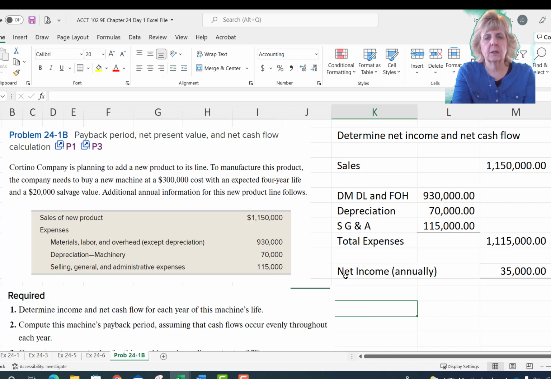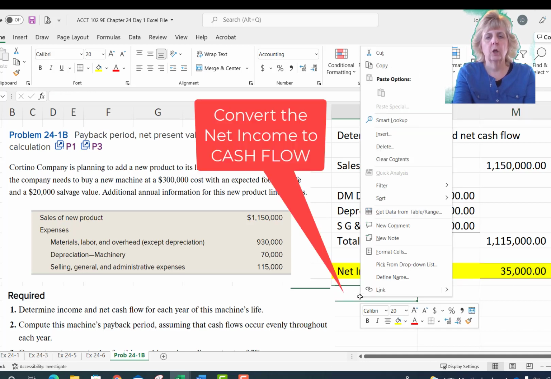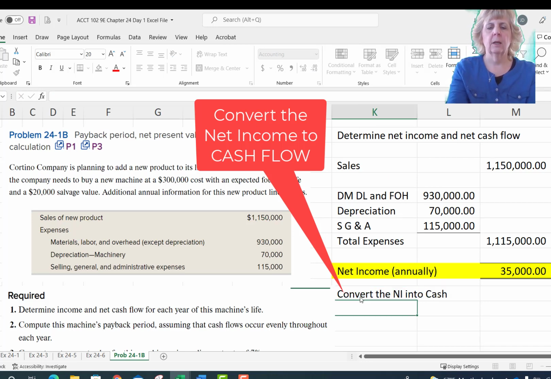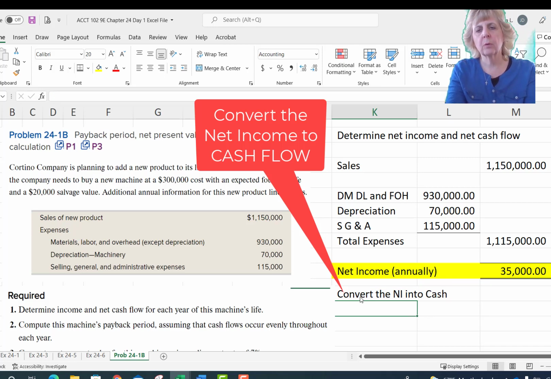So what we just did is we computed net income, and now I'm going to convert that back into cash. We learned earlier that the way to convert the net income into cash is to get rid of any accruals and deferrals. In this case, the main deferral is depreciation.